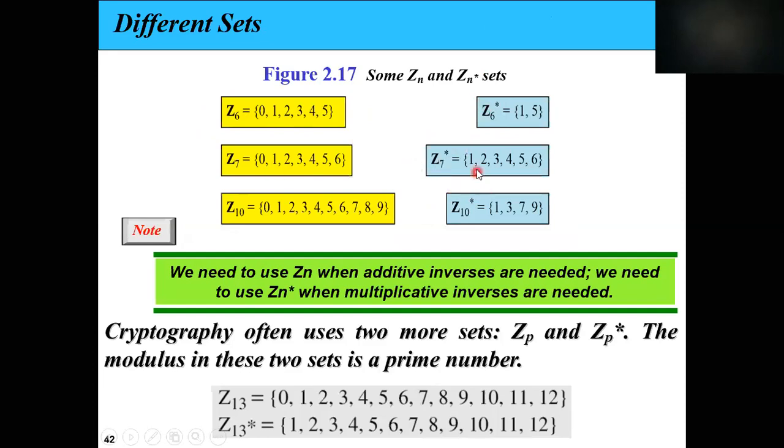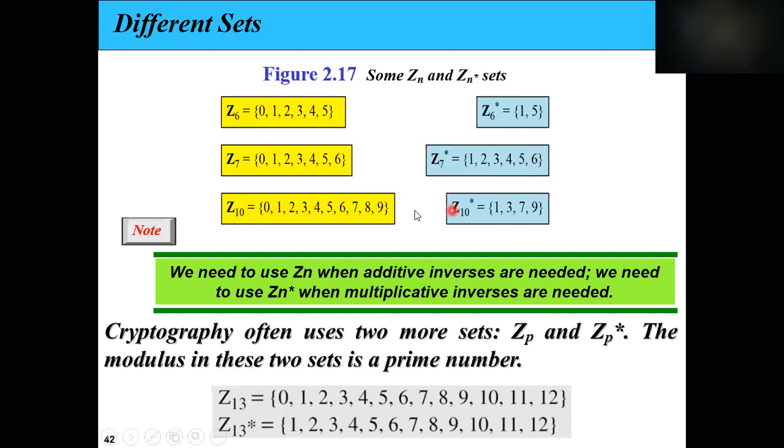In Z7, excluding 0, the elements 1, 2, 3 up to 6 are all unit elements. It means all these elements have inverses.